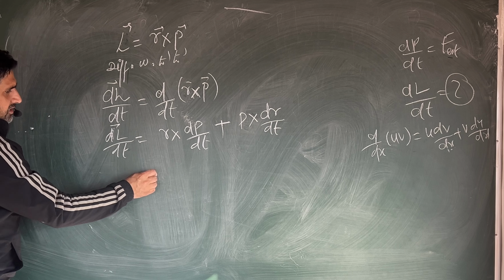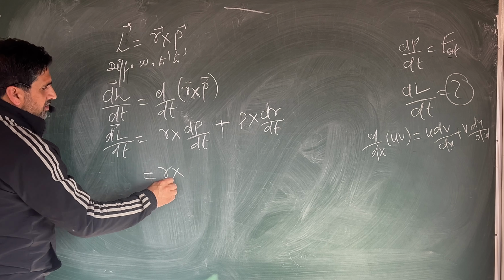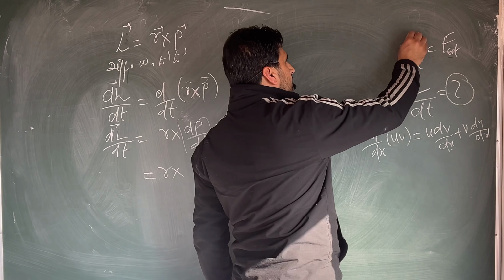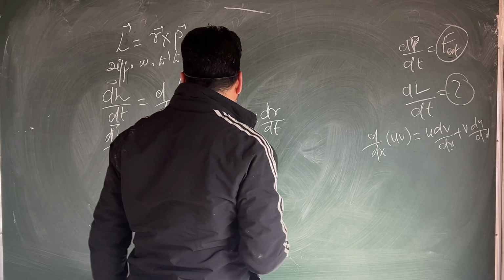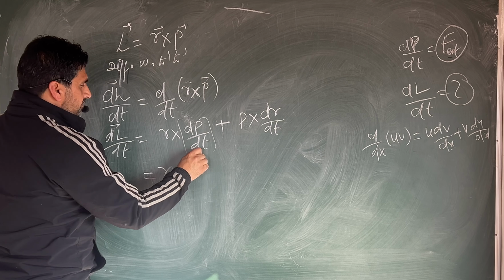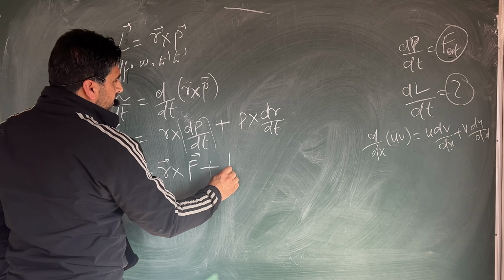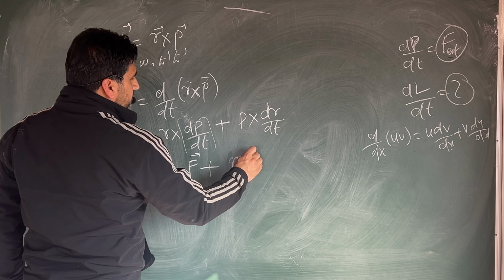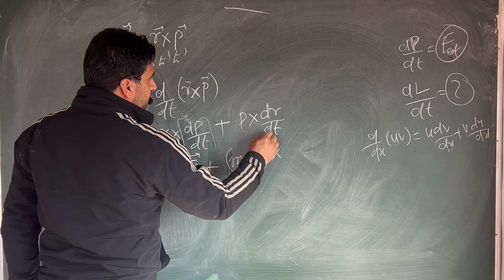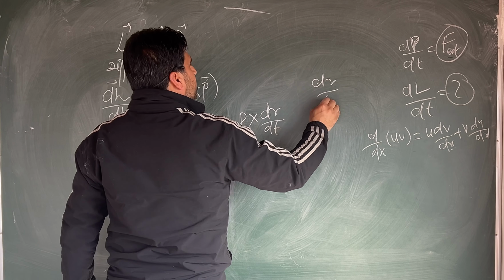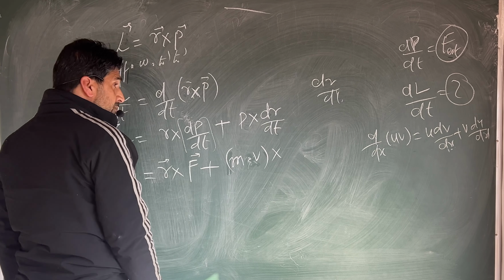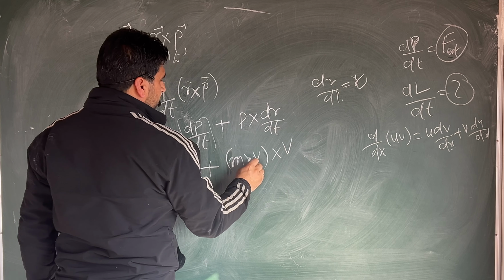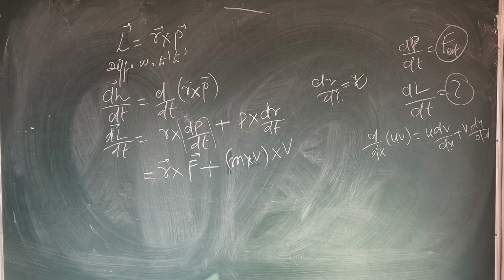So this is r cross dp by dt, and dp by dt is the external force F. So I can write r cross F, plus p, which is mass m into v, cross dr by dt. dr by dt is the rate of change of displacement per unit time, which gives velocity v. So you have v cross v.